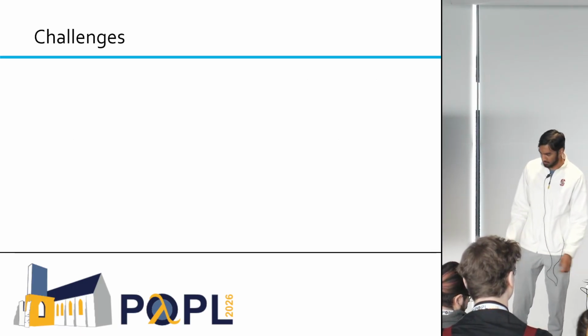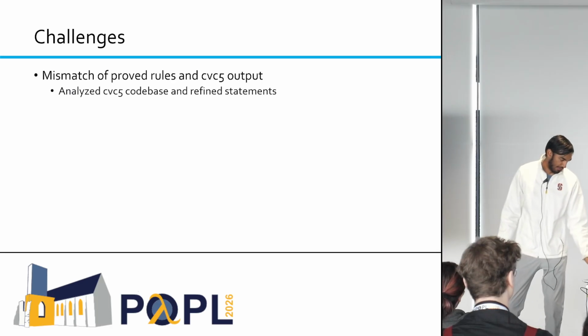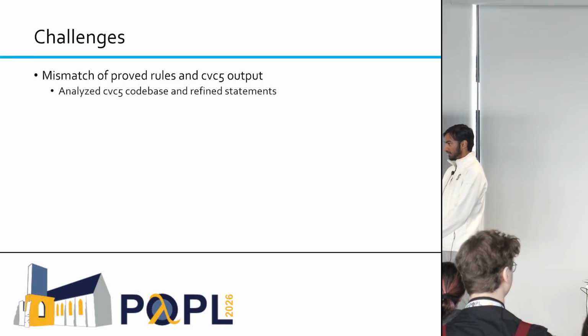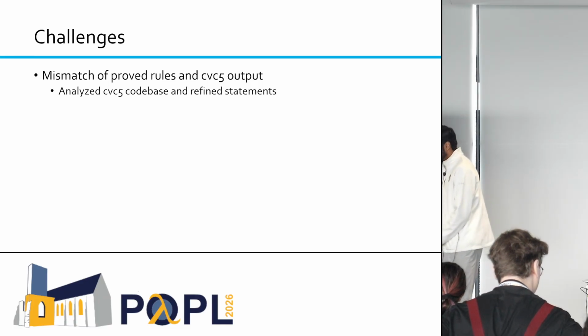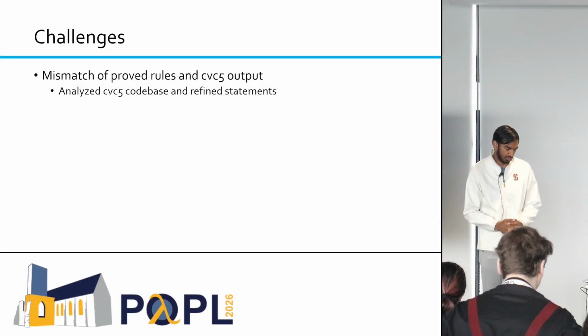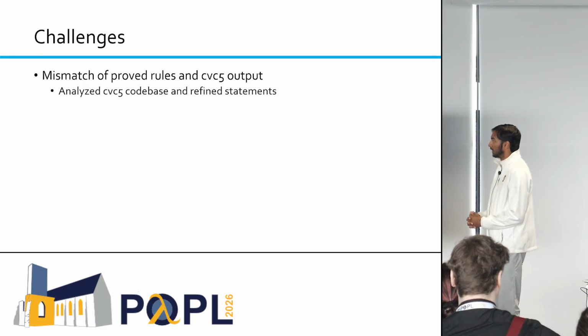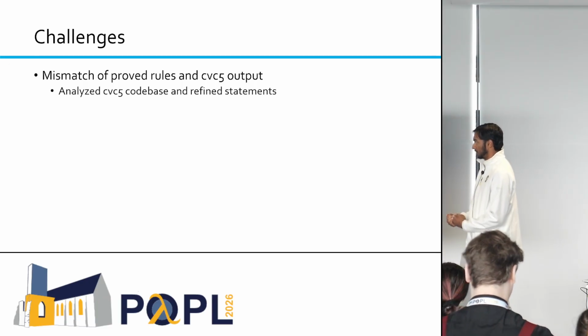But there were some challenges encountered. The first being mismatch of proof rules in CVC5 output, partially because the documentation in some cases was ambiguous, but also we had to refine our theorems to actually match the CVC5 code base.